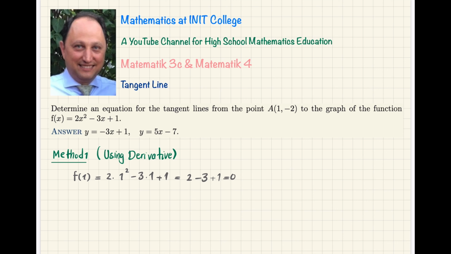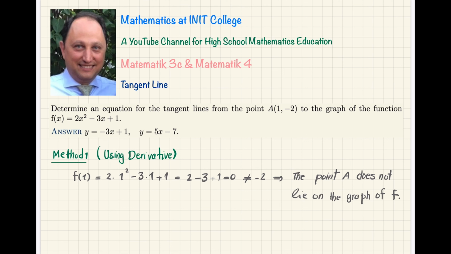But here, the y coordinate is minus 2, and it is not equal to 0. So this means that the point A does not lie on the graph of f.